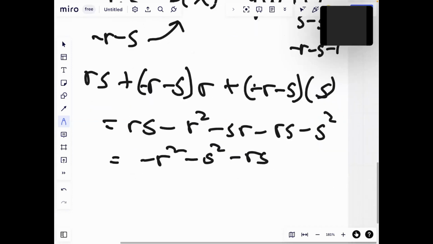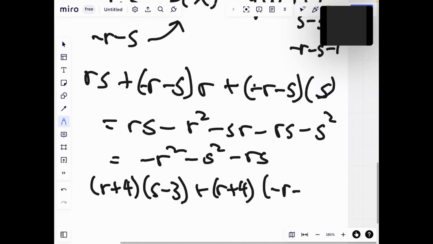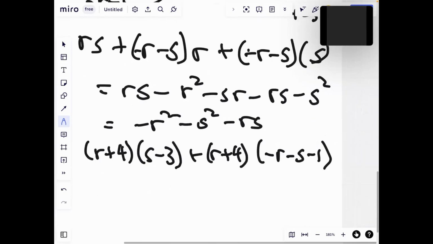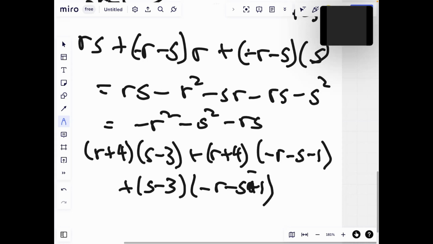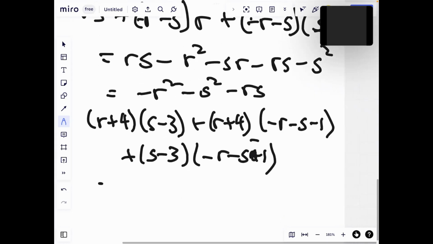And for Q of X, we would have R plus 4 times S minus 3, plus R plus 4 times minus R minus S minus 1, plus S minus 3 times minus R minus S minus 1. This is equal to RS plus 4S minus 3R minus 12.